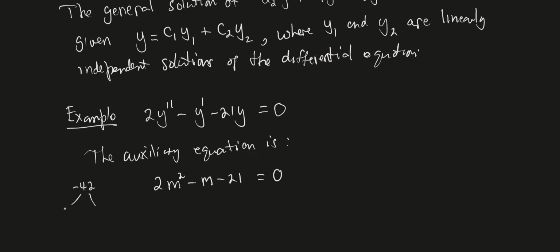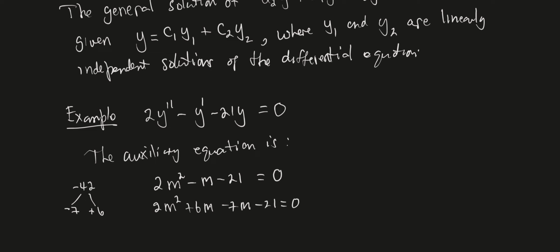If I do negative 7 and a positive 6, that will work, because if I multiply these two, I'll get negative 42, and if I add them, I'll get negative 1. So then we can use that procedure to help us factor. I'm going to put the positive 6m there, and then the minus 7m, and then minus 21 equals 0.